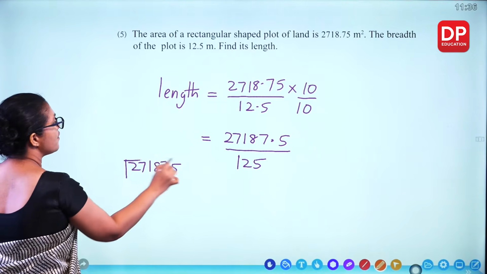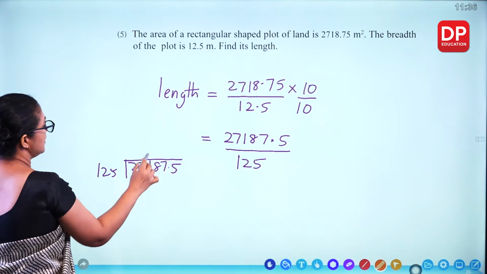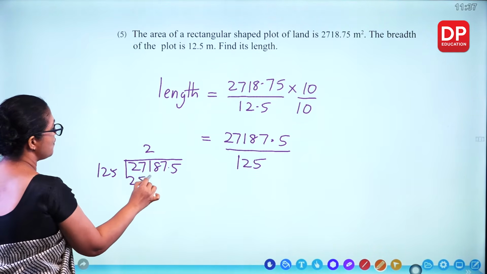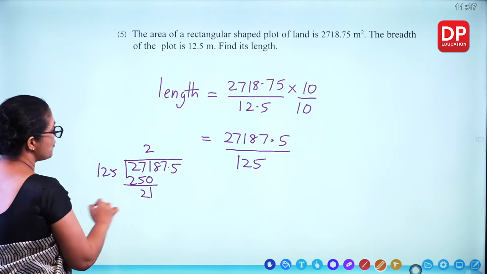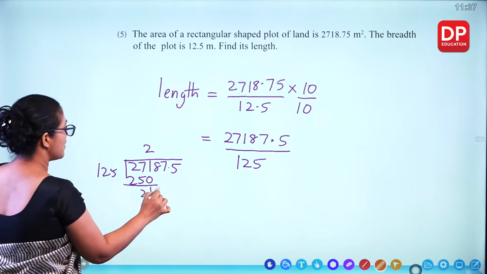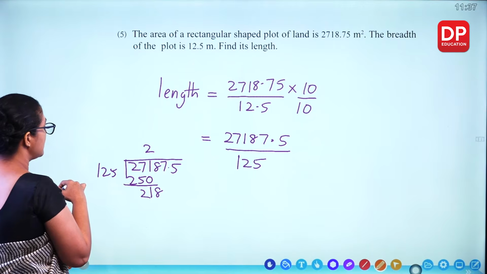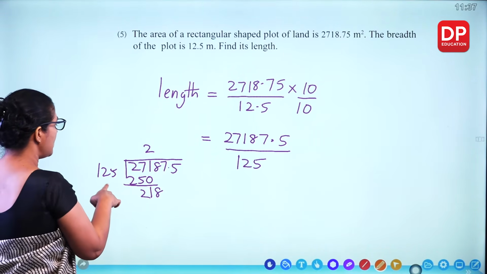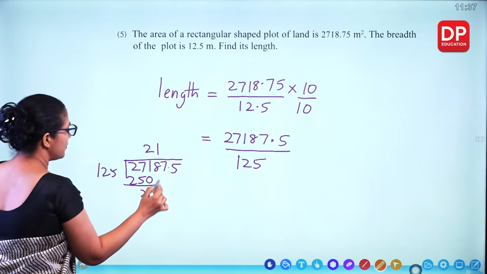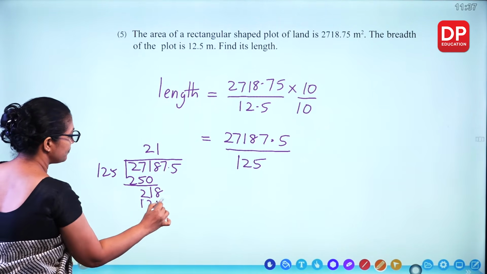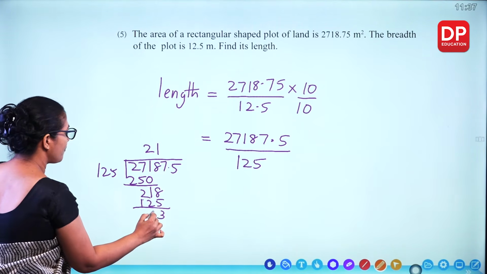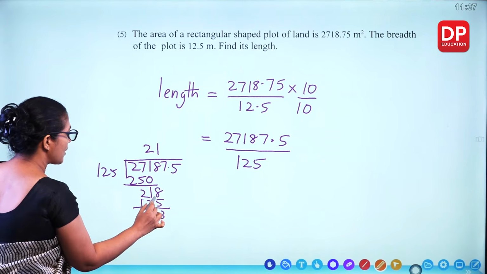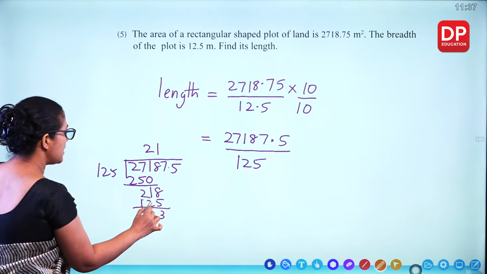75 divided by 125. This is 250. When you subtract, you get 21. Take 8. This is 218, 125. So 250, so only 1. 5 plus 3, 8, here 9.